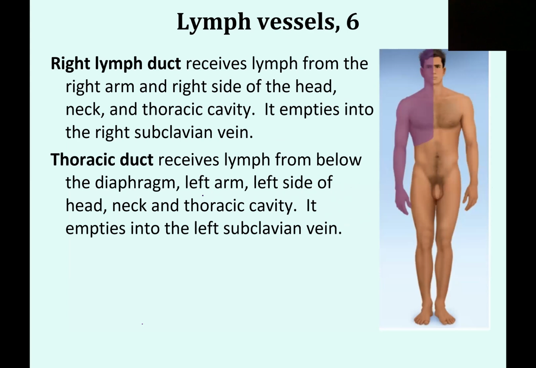When someone has a central line put in, the catheter is going to be inserted and be placed somewhere near that or in that subclavian vein, because the volume of materials can go into circulation.